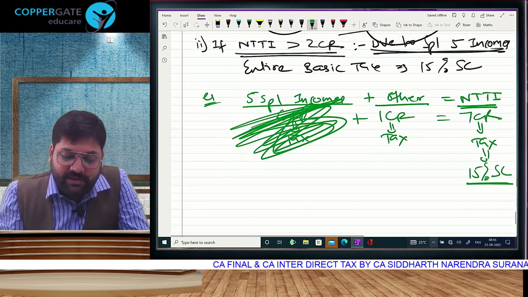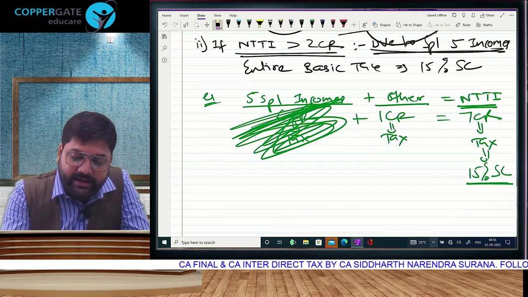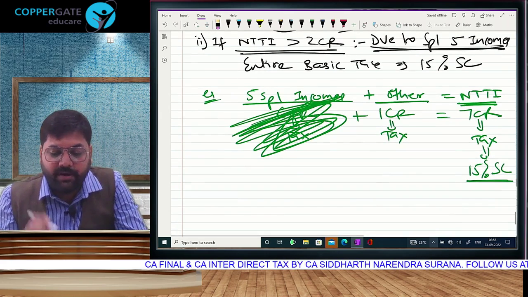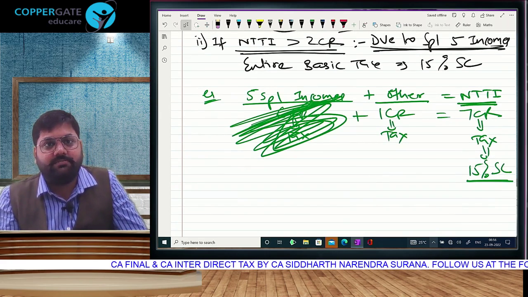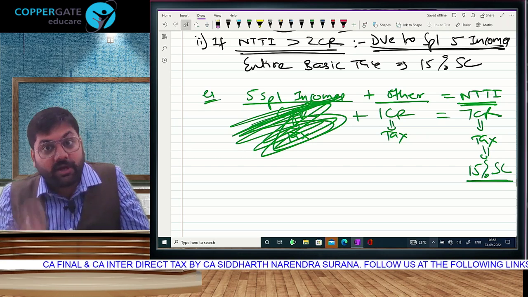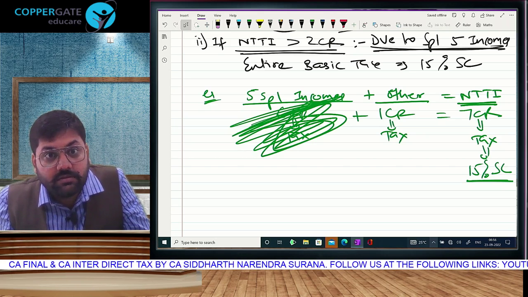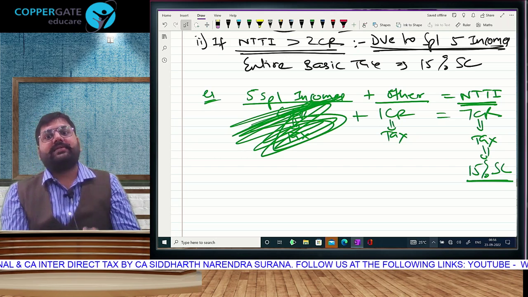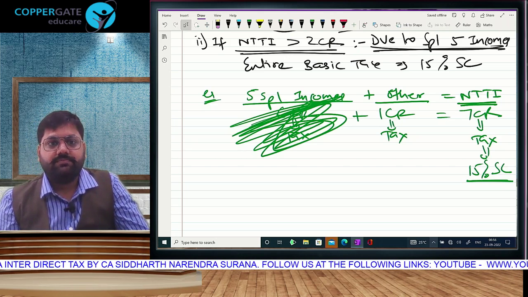If you look at the statement that I have written, if your NTTI is crossing 2 crore because of these special incomes, then full tax, 15% surcharge.